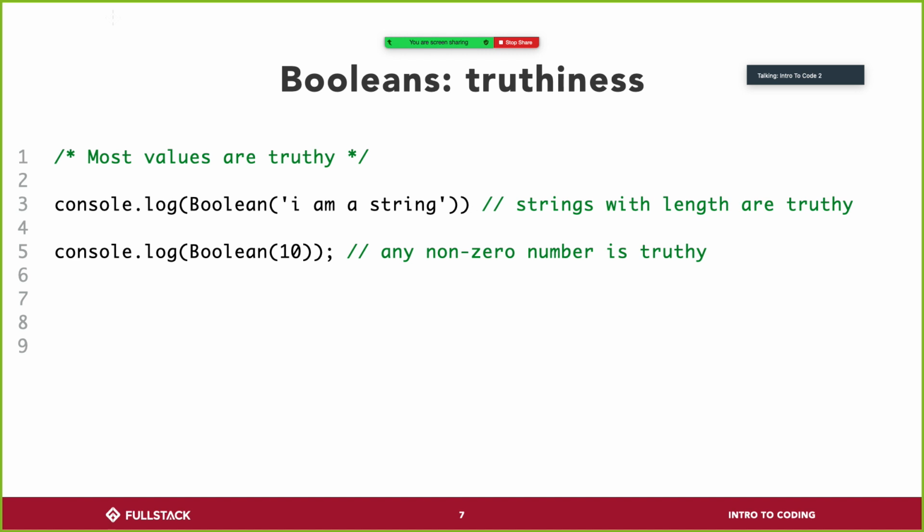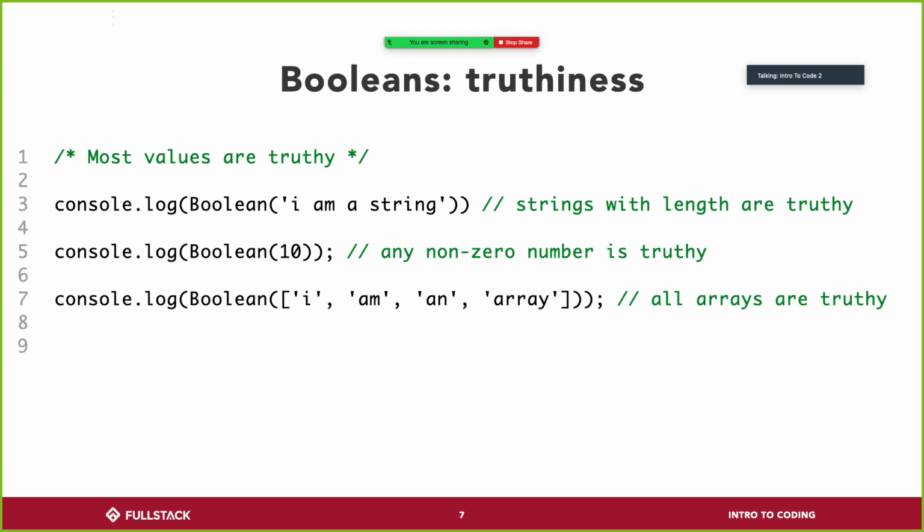It's saying, hey string, what's your Boolean value? If the string is not empty, it'll say my Boolean value is true. If the string is empty, it'll say my Boolean value is false. So that's what happens when you put Boolean and then you give it an argument. It's a function that'll take the input and convert it into either a true or false Boolean.